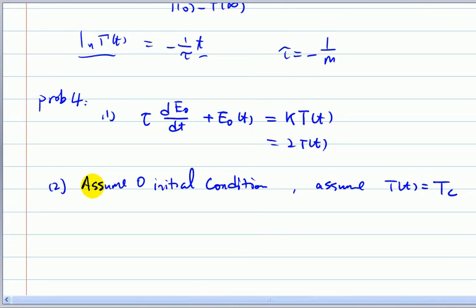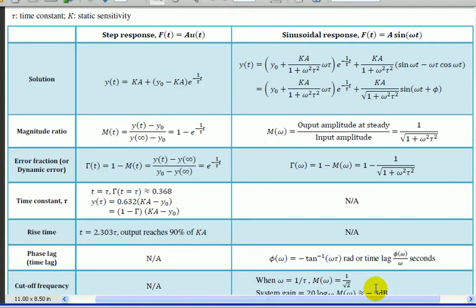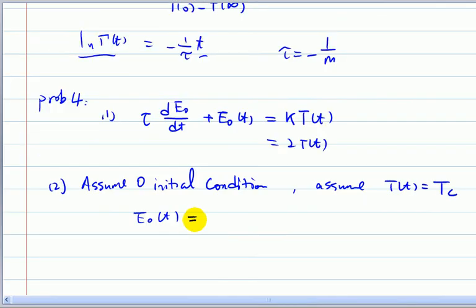Then, based on this assumption, the initial condition and a unit step input, we know that our output, if you look at the summary here, is 0 initially. So substitute the value and the output will be equal to 2Tc times 1 minus e to the power of minus t over tau.